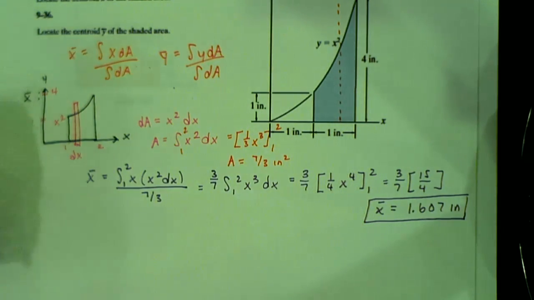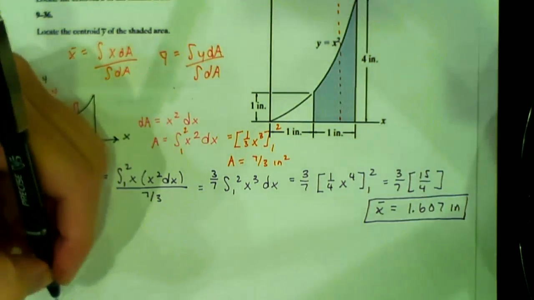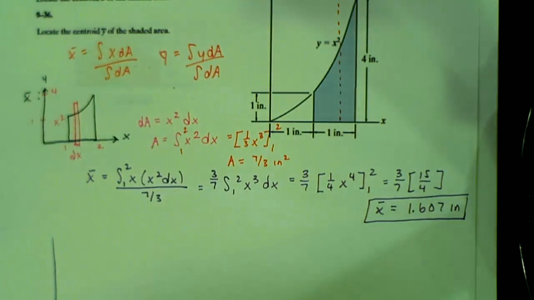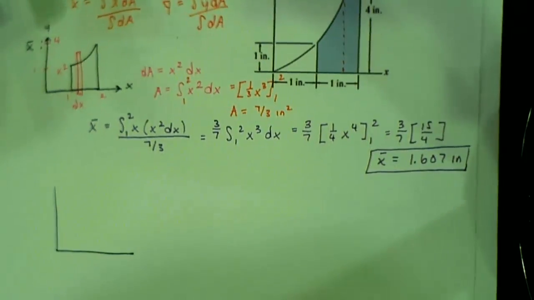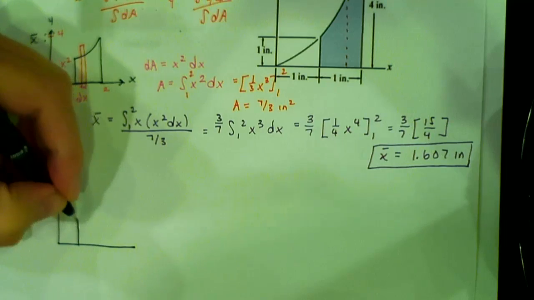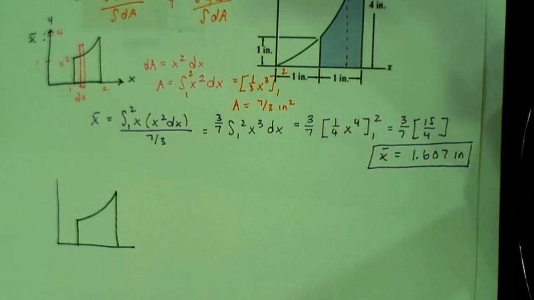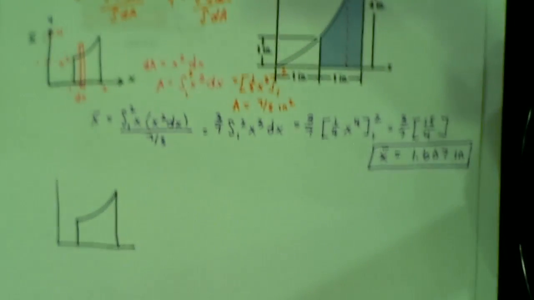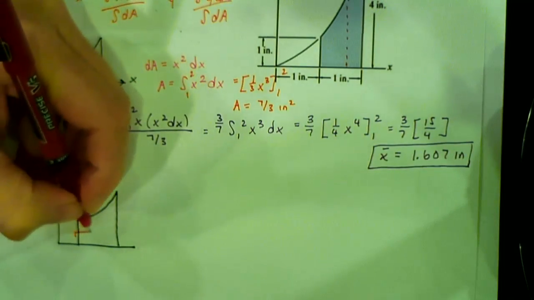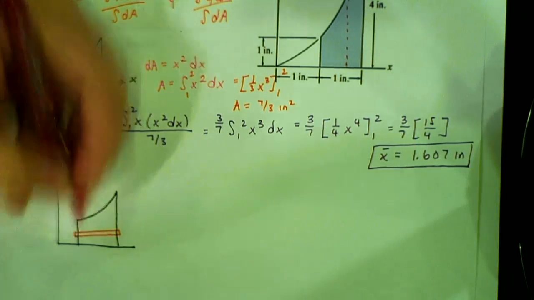So this one gets a little tricky. So now we have to find our differential area again. So we have that. And so if I'm finding y bar, do I want dy or dx? dy this time. So I need this shape here.